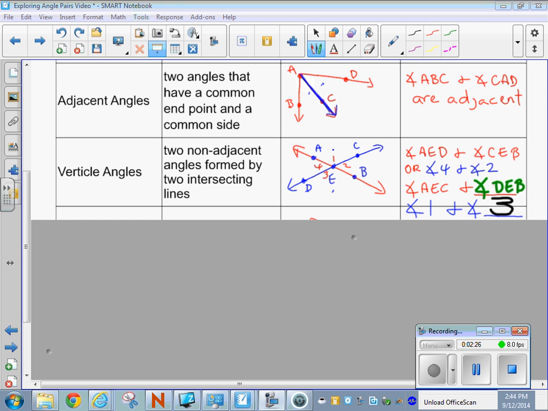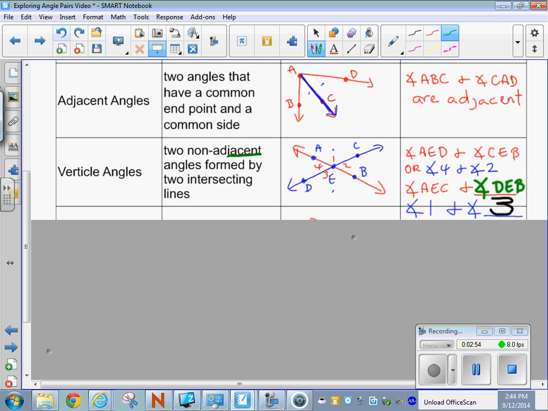According to the definition, two angles that are non-adjacent means they can't share a common wall, and the only angle that's not adjacent to angle 1 is angle 3. Angle 4 shares a wall with angle 1 right there. Angle 2 shares a wall with angle 1 right there. So those are blown out of the water. We can't even use those as our vertical angles just by the definition.